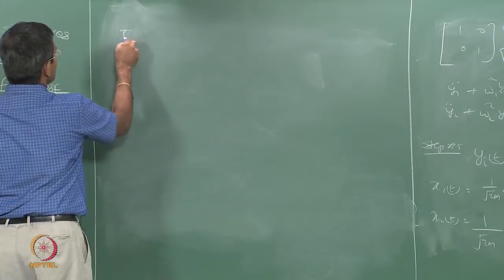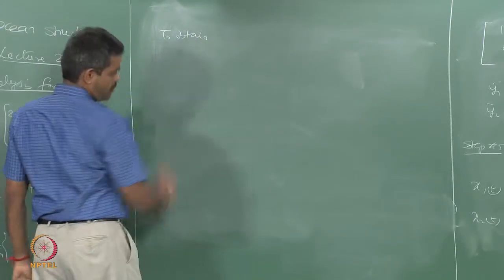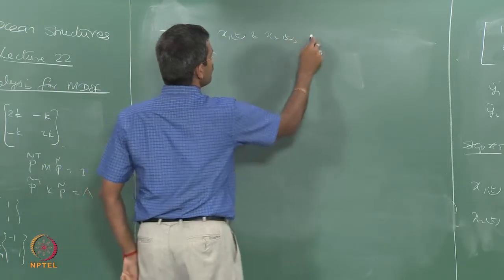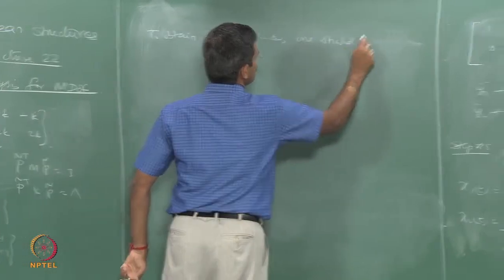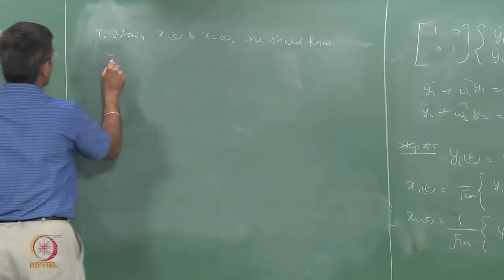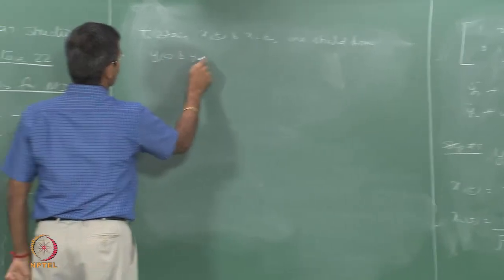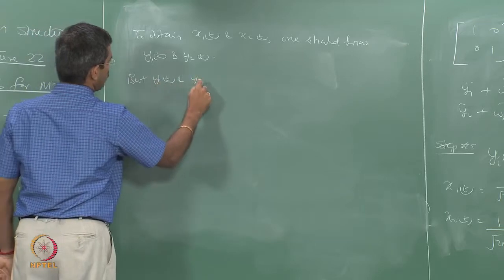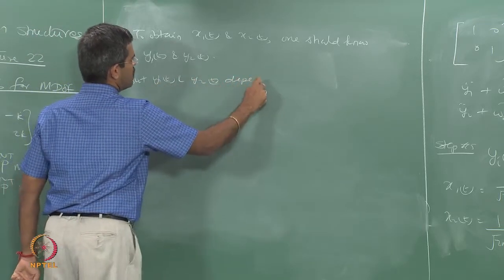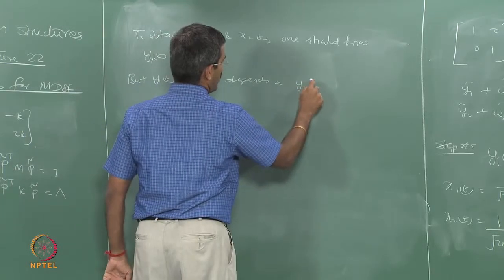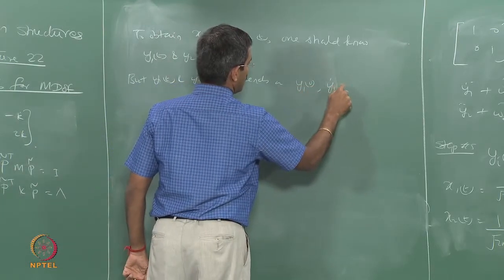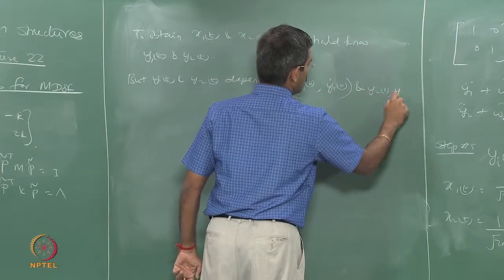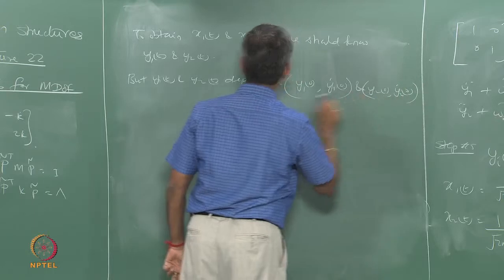Now, to obtain x1 of t and x2 of t, one should know y1 of t and y2 of t, but y1 of t and y2 of t depend on y1 0, y1 dot 0 and y2 0, y2 dot 0, which are not known.